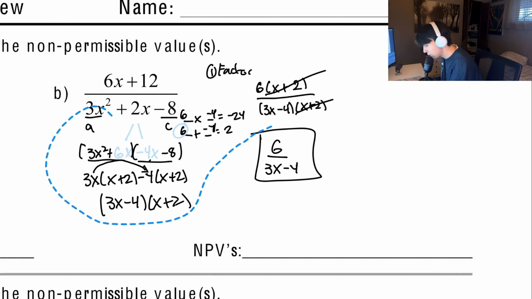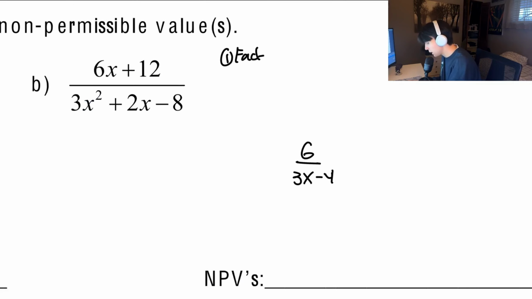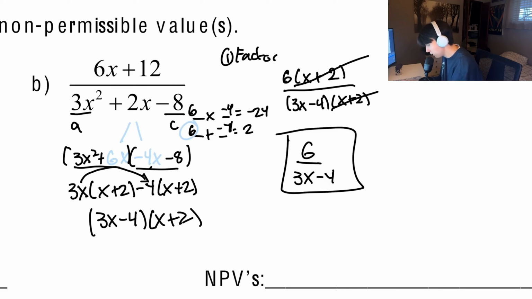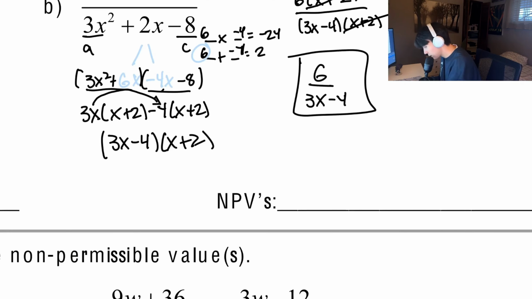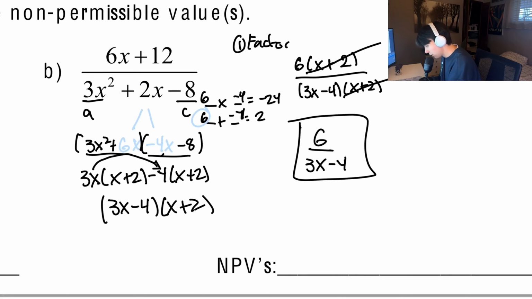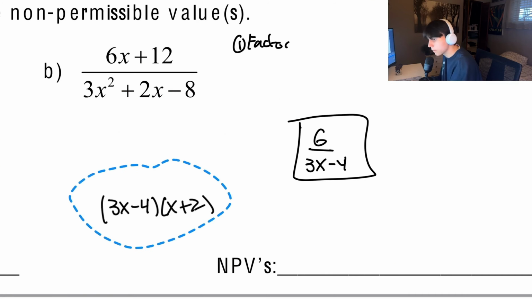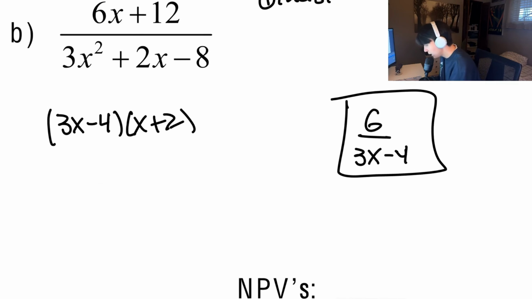The NPV is just the numerator or denominator. Remember that. So we're just looking at this bottom term here. If you remember, we factored this denominator already. We factored it down into 3x minus 4 and x plus 2. This is what we factored earlier. So right now, what we can do is set both terms not equal to 0.